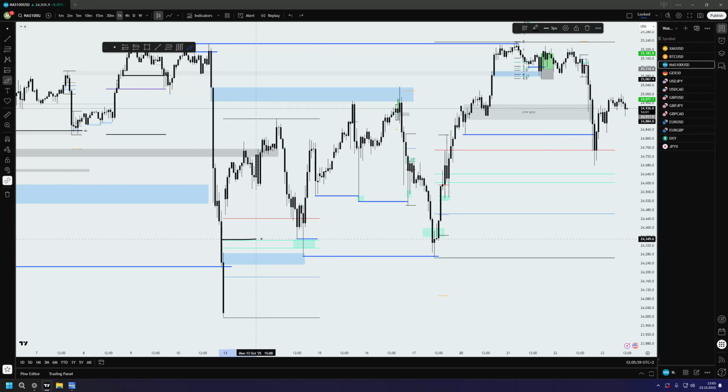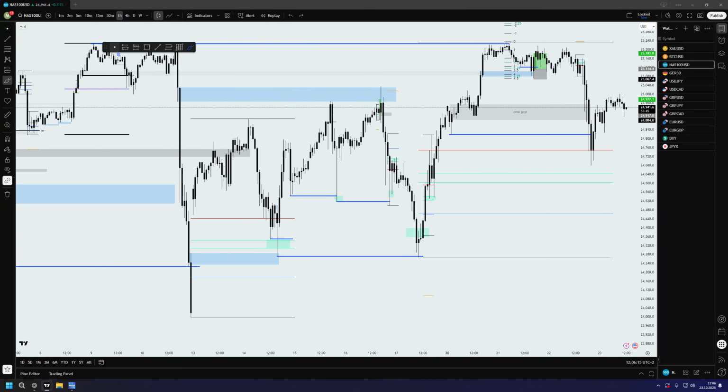And then the OT, which is the optimal trade entry, aligns with a hidden base right here.